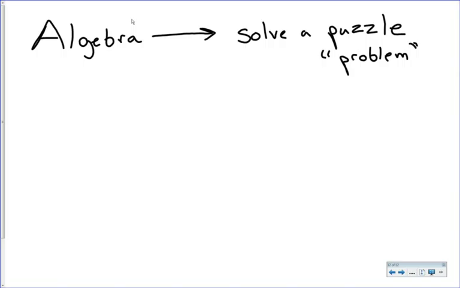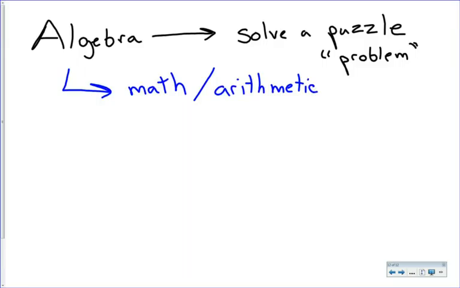But you write things in a way that is a little bit different. So it uses math, absolutely, because we're dealing with numbers. And it uses the arithmetic that we learned in the first unit, like adding, subtracting, multiplying, dividing, possibly fractions, probably decimals, possibly percentages.